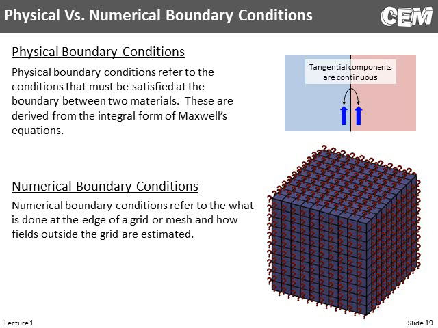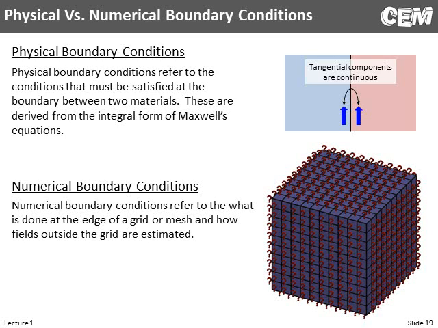Another confusion in terminology is the word boundary conditions. In differential equations and electromagnetics, if you've had that, we'll talk about boundary conditions. That's the tangential part of the field being continuous across the interface kind of stuff. But in numerical modeling or computational electromagnetics, if somebody says boundary condition, they could be referring to something completely different.